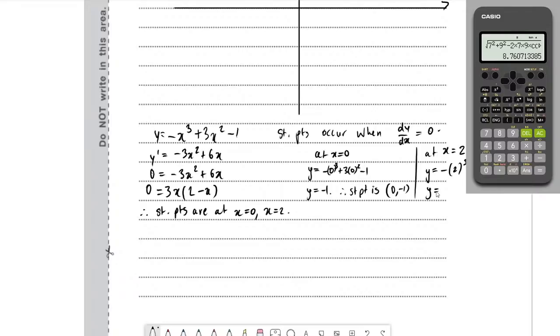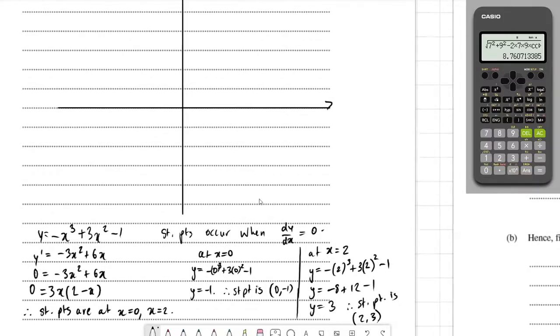So this is going to be minus 8 plus 4 times 3, which is 12, minus 1. So y is equal to 3. Therefore my stationary point is (2, 3).